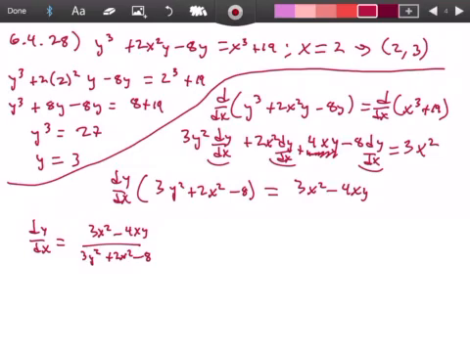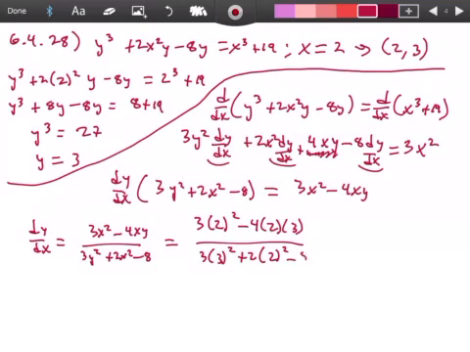Now I'm ready to plug in my x and my y. 3 times x squared minus 4 times x times y over 3 times y squared plus 2 times x squared minus 8.